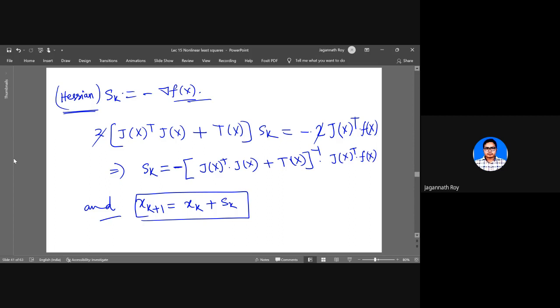Now if we allow this matrix t to be 0, if we are neglecting this term, then this formula will become of this form: J transpose J inverse, J transpose of f.